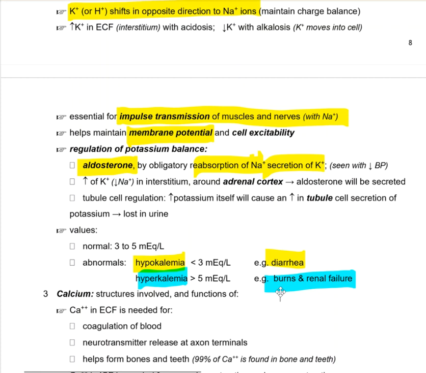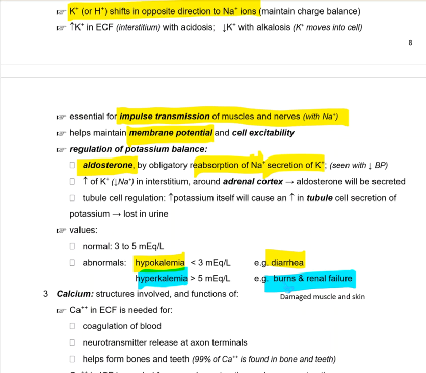And the main reason why we see it in burns is because we have damaged muscle and skin, and so the potassium that's in those cells will come out and spill into fluids. Also, if we have renal failure and we're not getting rid of excess potassium, that can be a problem. And we don't really talk about what high levels of potassium can do, but it can be cardiotoxic. So that's one thing to watch out for.